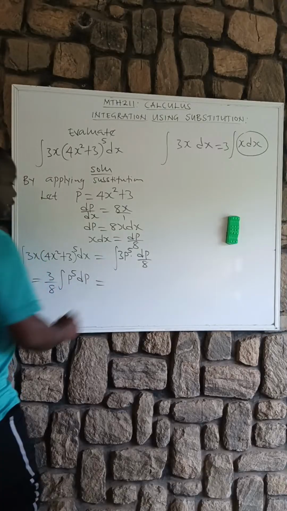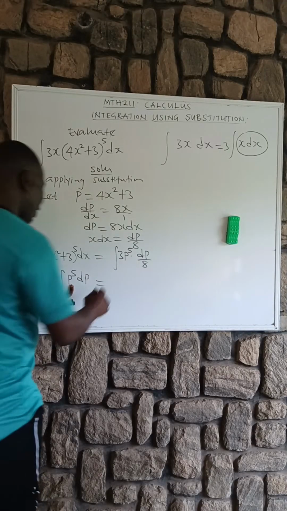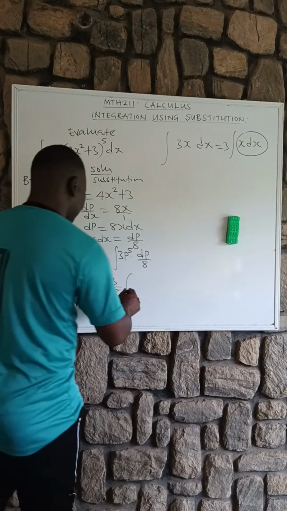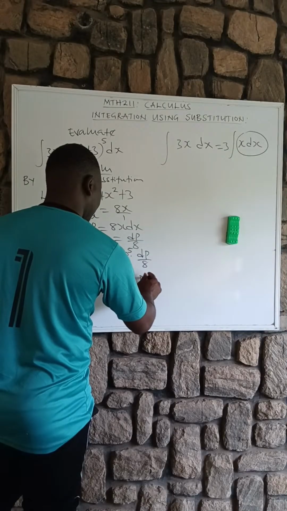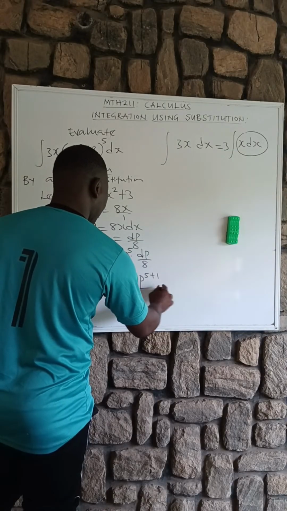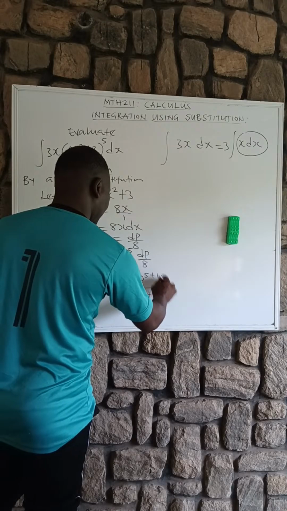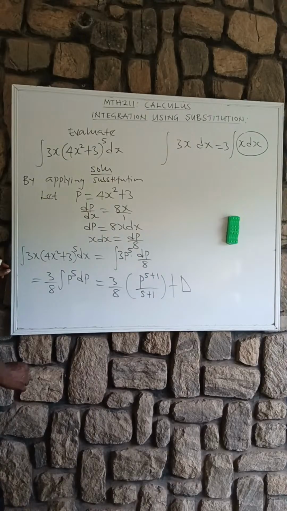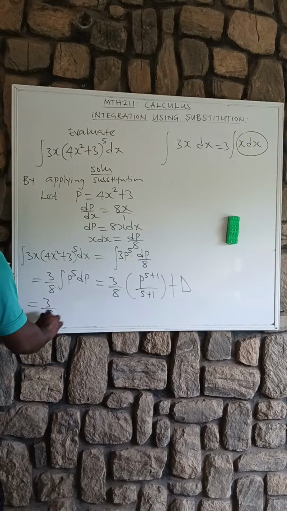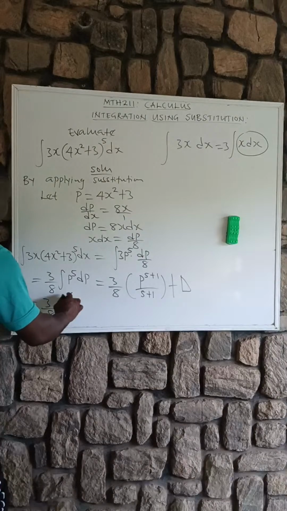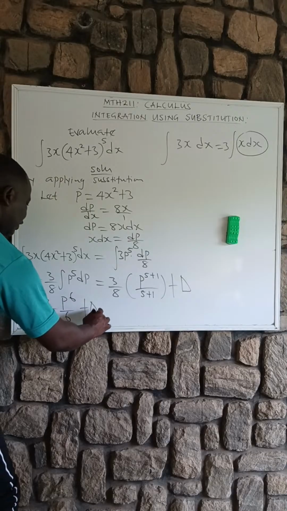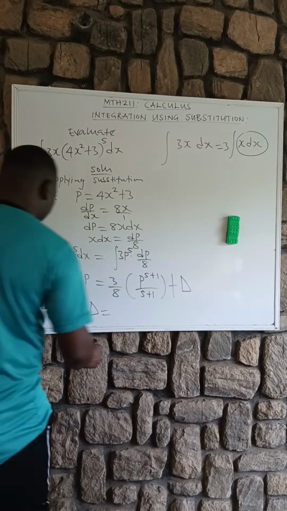So let us integrate this. If we integrate this, we are going to have 3 all over 8, open bracket, integrate it, we will have p raised to the power of 5 plus 1 all over 5 plus 1, close bracket, plus d. So here we are going to have 3 all over 8 p raised to the power 6 all over 6 plus d.